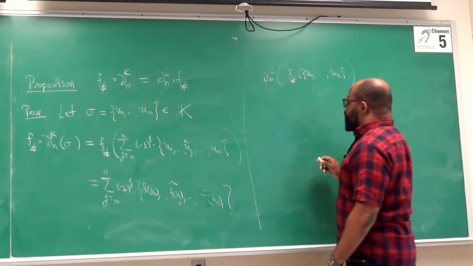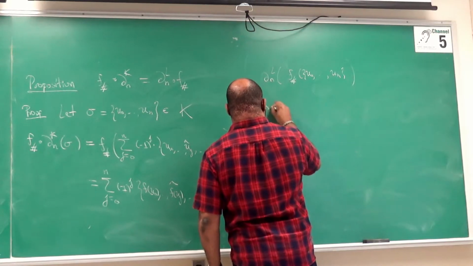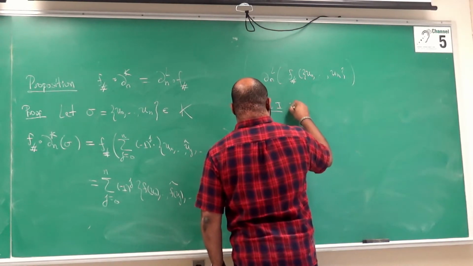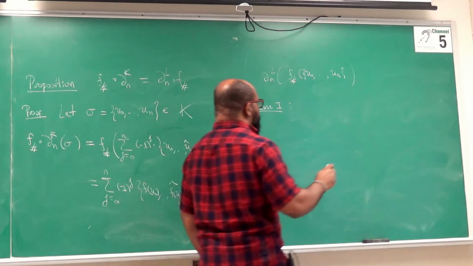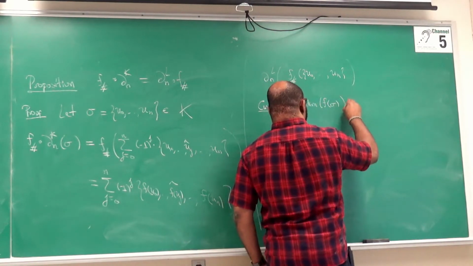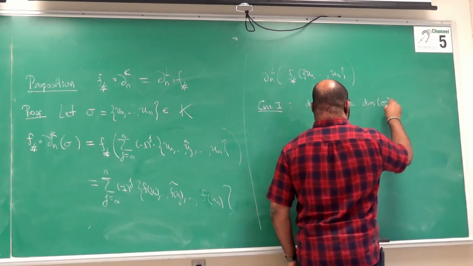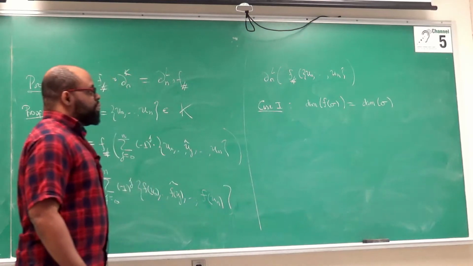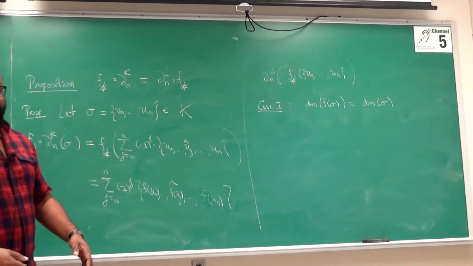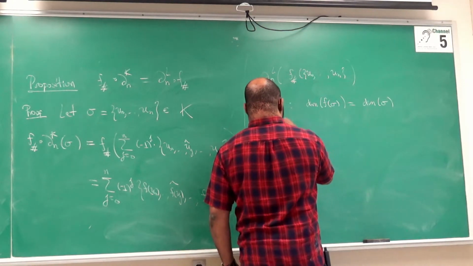So there is a case one, and that is that the dimension of f sigma is equal to the dimension of sigma.